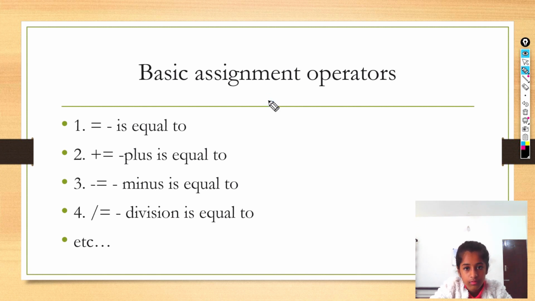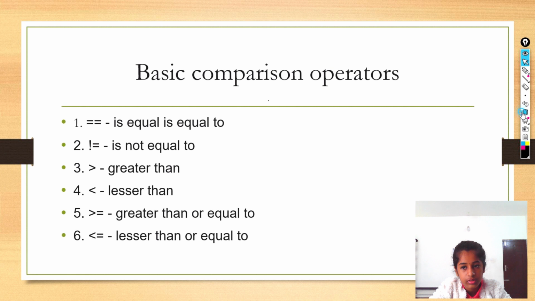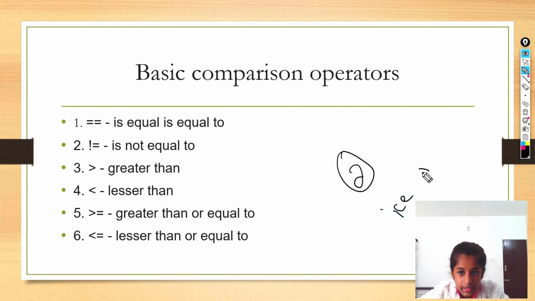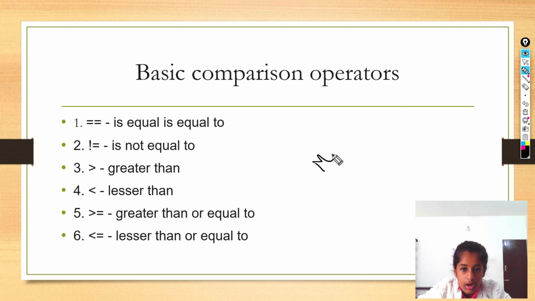Let's move forward. We have the comparison operators. You can know what a comparison operator means. They compare two things. Like when you compare two ice creams, you say this one is tastier. Let's take marks: you're going to say the marks of one person are greater than the marks of a second person.